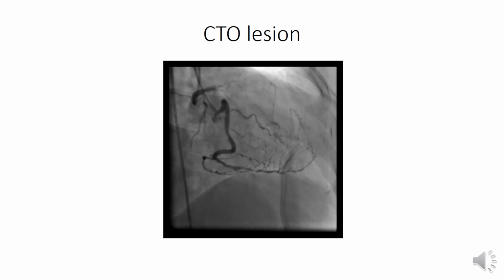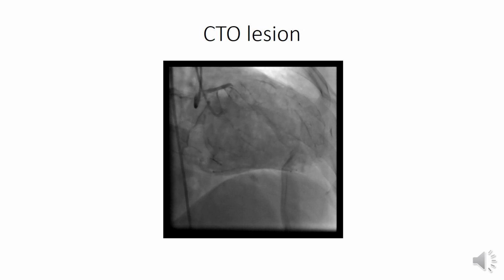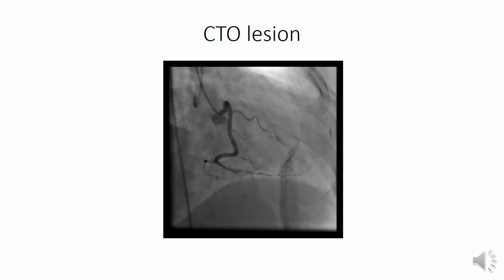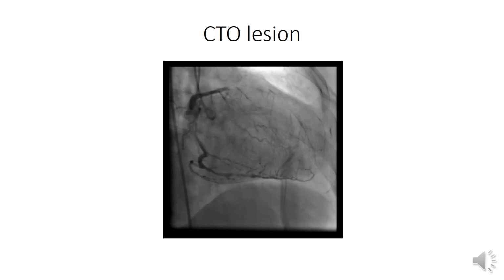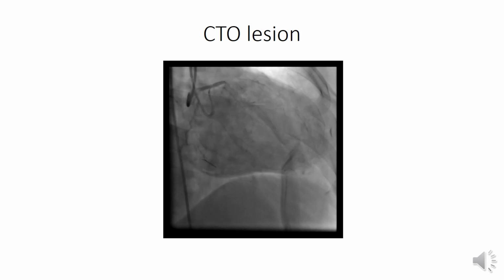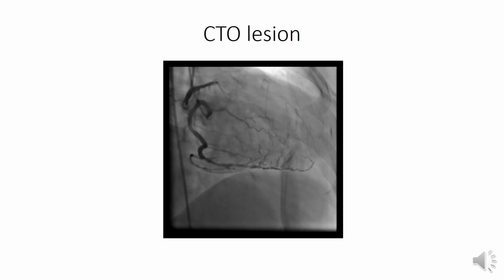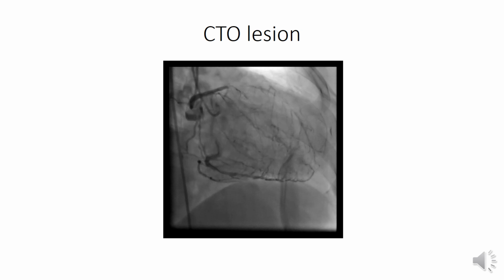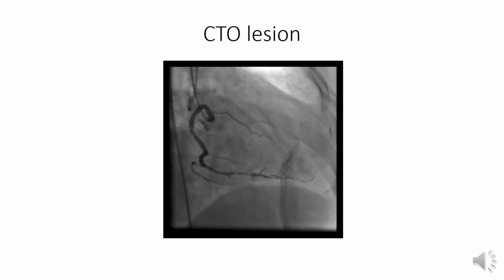Lastly, we have what is called the chronic total occlusion lesion. For more appreciation of the length and the shape and the course of the totally occluded segment, we do what is called dual injection. We are engaging in this picture both the right coronary artery and the left coronary artery.